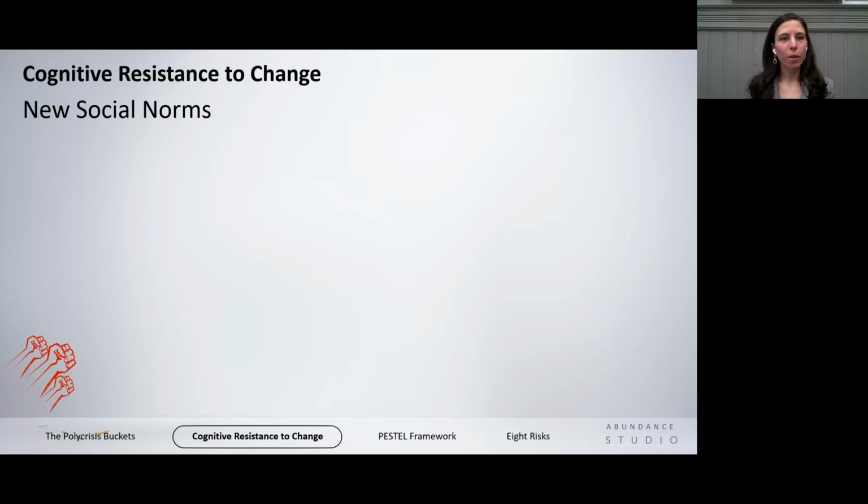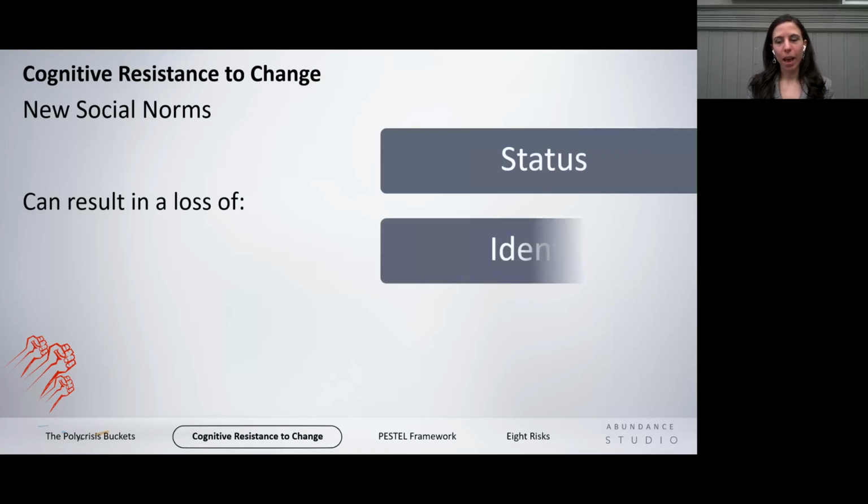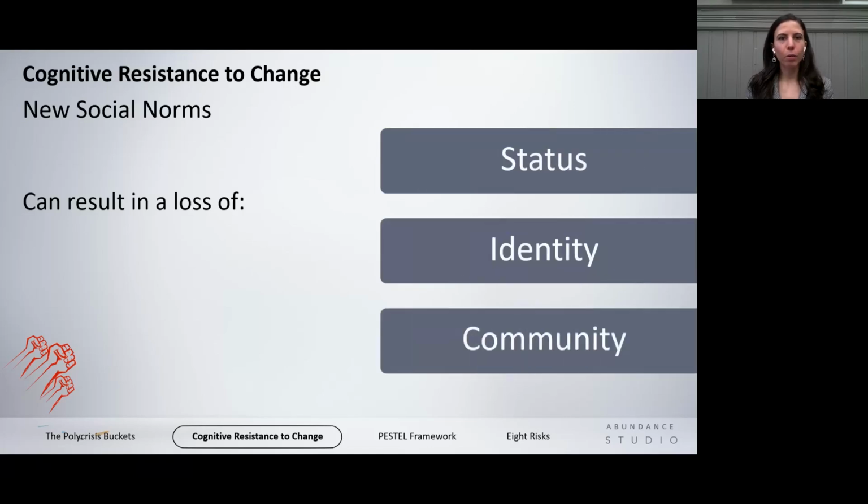So another cognitive resistance to change, there are many, is the new social norms that it brings about. Because these new social norms can also result in a loss of status and also identity and community, because the value that somebody brought initially with their expertise or their place in society has changed as a result of technological change.